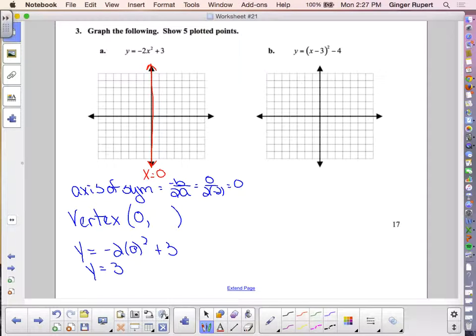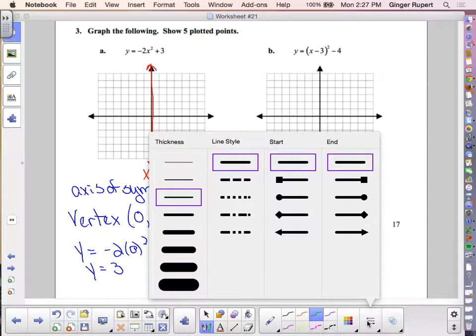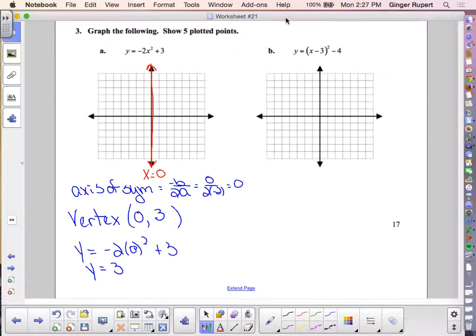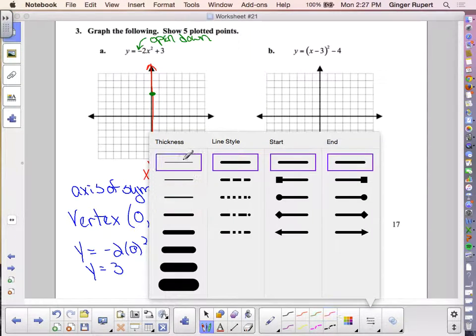So the vertex is at 0, 3. So I'll plot a point at 0, 3. As I'm looking at the equation, because this is negative, I know it opens down. Okay, and then I want to find the x-intercepts.